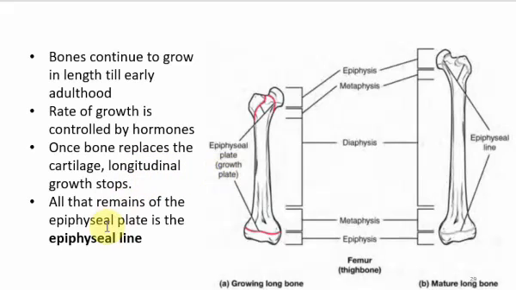So in a long bone, at the end of the day, when growth is over, what remains as a sign of growth is a thin line, you can see the red line here, between the epiphysis and the diaphysis. That thin line is normally called the epiphyseal line. So that epiphyseal line is what remains as evidence of growth having taken place once all the cartilage in your bones has been replaced by bone tissue. Okay.